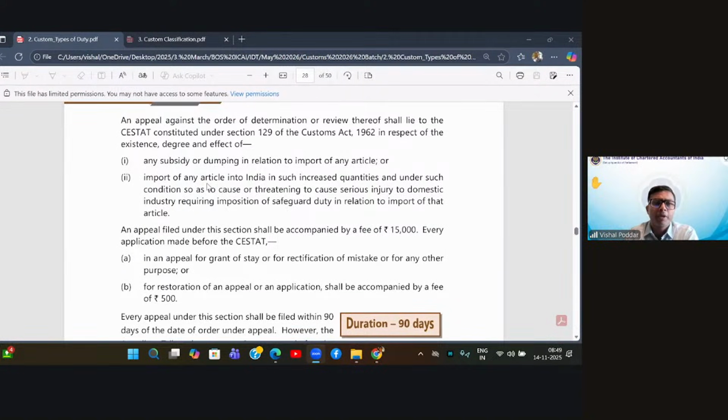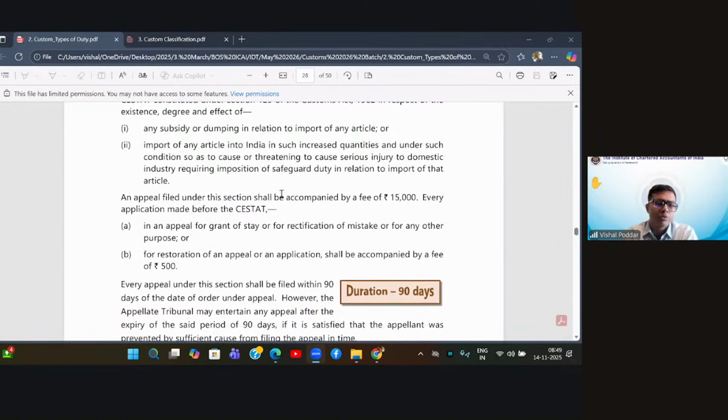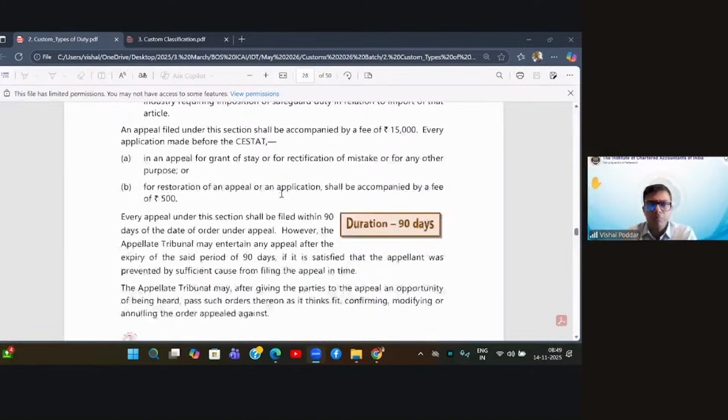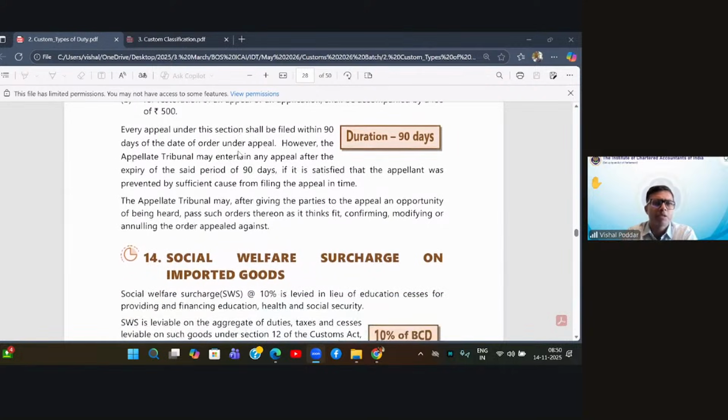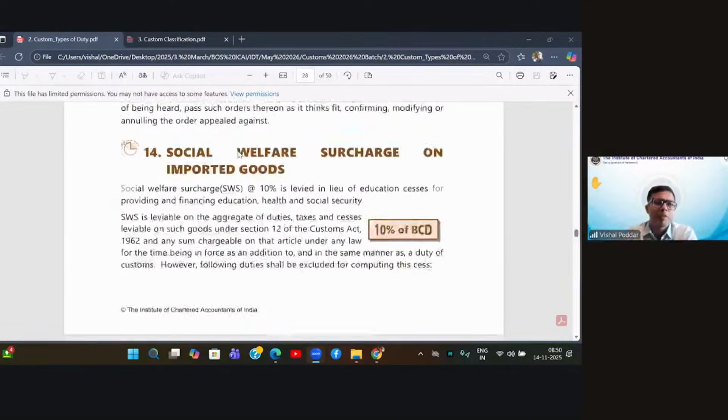Second, to determine whether import of any article into India is in increased quantities and under such conditions as to cause or threaten to cause injury. So again, you have to determine this, because without determination of this, no duty can be levied as above. The fee is 15,000 and for restoring it is 500. So these are provisions for filing appeal.